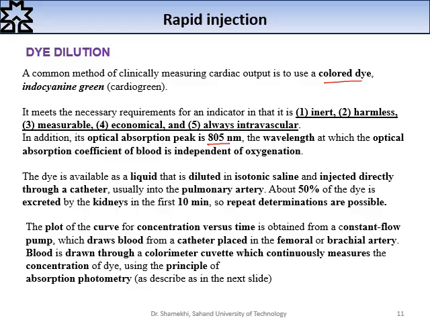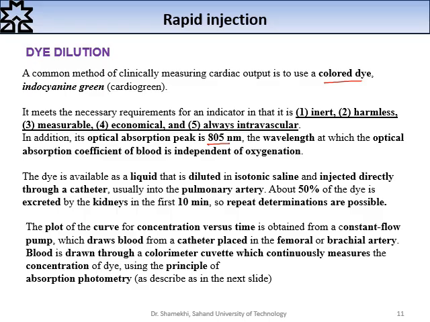The dye is available as a liquid that is diluted in isotonic saline and injected directly through a catheter, usually into the pulmonary artery. About 50% of the dye is excreted by the kidneys in the first 10 minutes, so repeat determinations are possible.